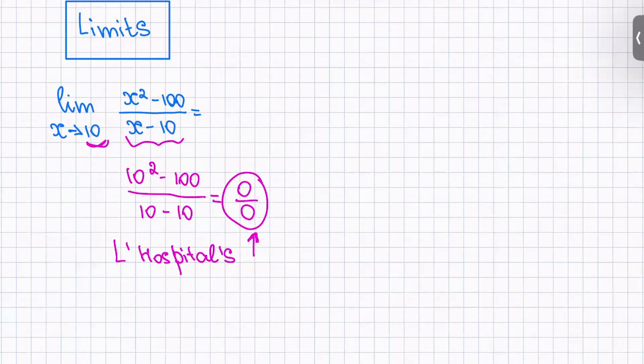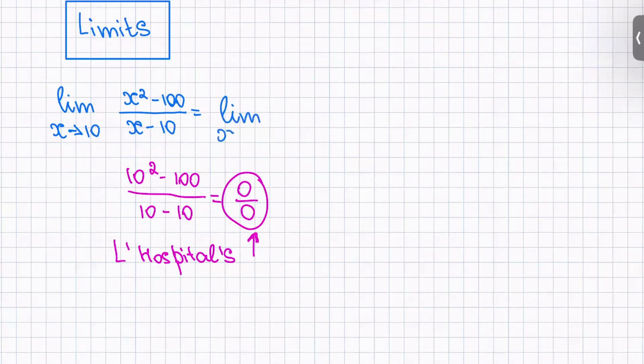And second, we can probably do some algebra before we apply L'Hopital's rule. So let's first start with something simpler: we will do some algebra before we apply L'Hopital's rule.